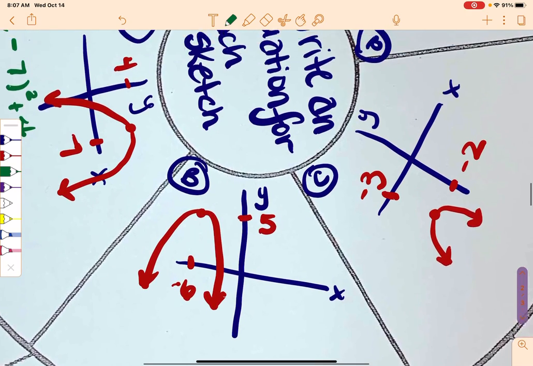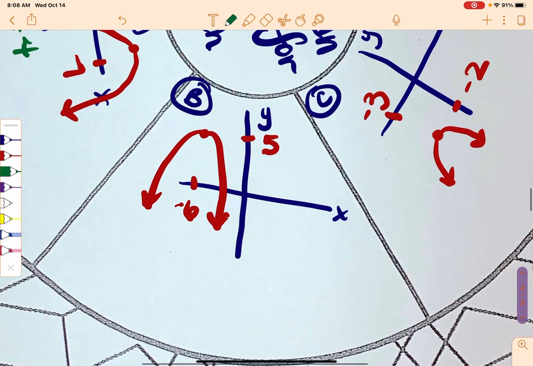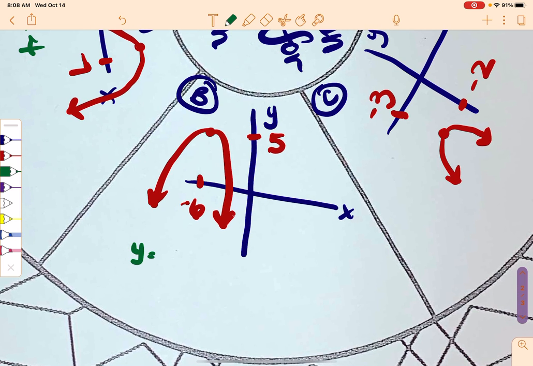So on this one, I can tell that there is a shift up 5 and to the left 6 spaces to negative 6, and it opens down. So if I start, let's do the shift on the y-axis first. So if it goes up 5, that's plus 5. So this gets written exactly the way it is. Positive is plus. If it were down here, negative, it'd be minus.